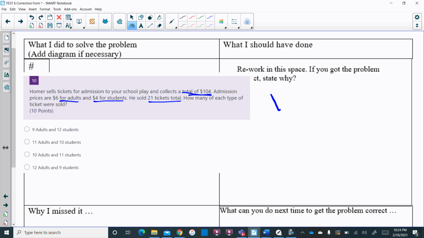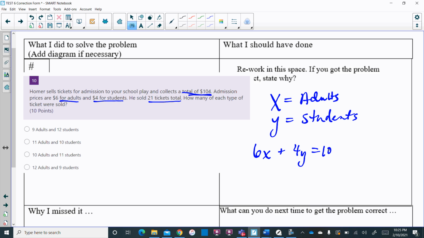So I was looking for something on your papers like X is your adults and Y was students. And then we wrote an equation dealing with our money, which was 6X plus 4Y equals 104. And then we had one also dealing with our total tickets, which was X plus Y equals 21.